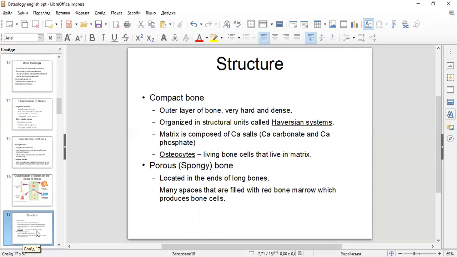Compact bone has an outer layer of bone that is very hard and dense.